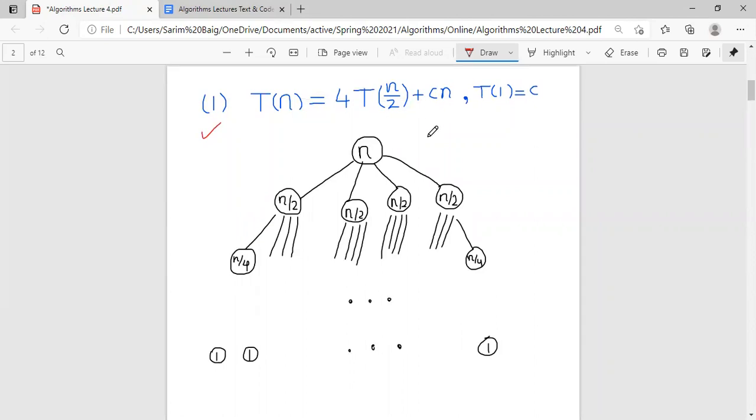So if you look at this first reference, just looking at it, you can now say something about the algorithm. You can say that this particular algorithm divides the original problem into four subproblems, each of which have half the size.